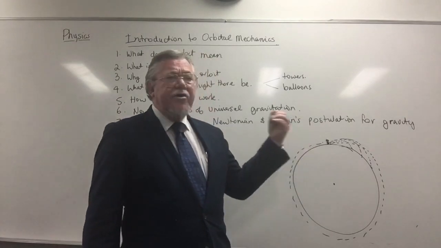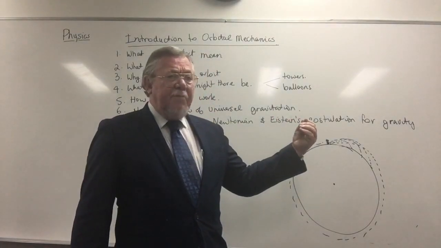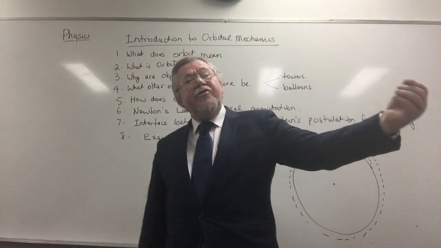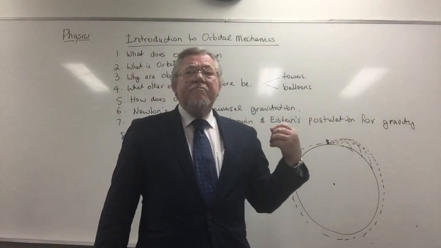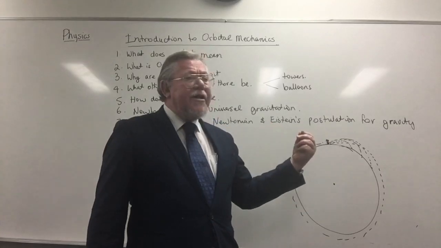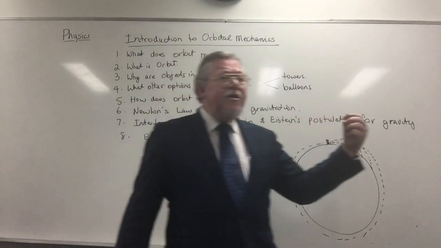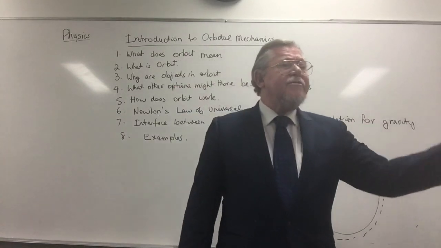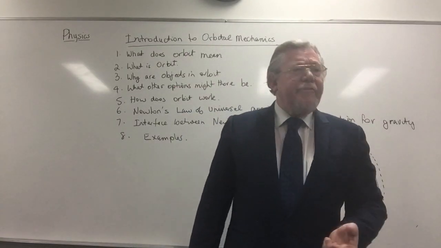For instance, they noticed that Venus, the planet Venus, crosses between Earth and the Sun. So if a planet is crossing between Earth and the Sun, what can we learn from that exercise?